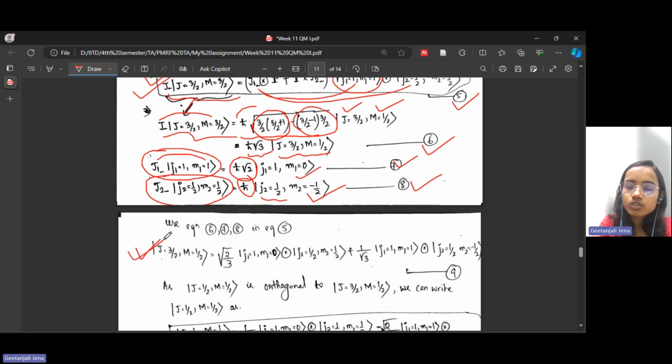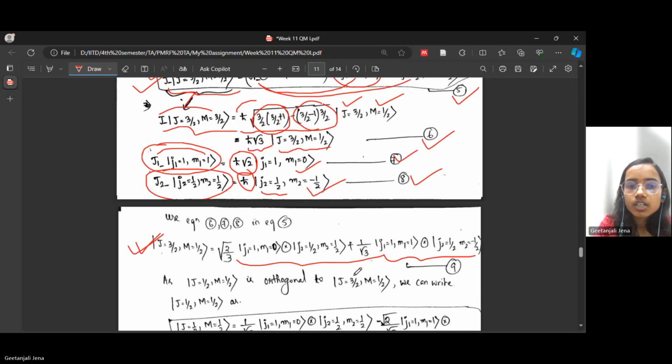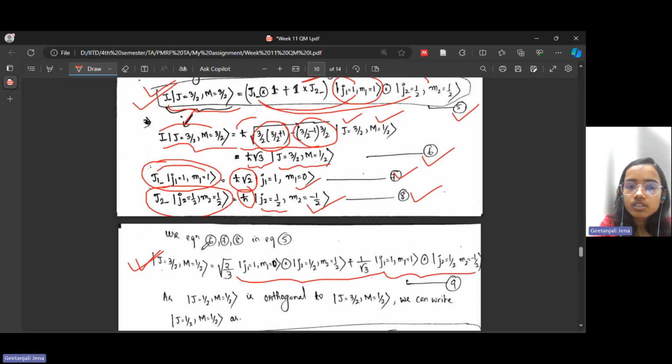Just put it and you can easily get this expression, which is root over of 2 by 3, J1 equal to 1, M1 equal to 0, tensor product J2 equal to half, M2 equal to half, plus 1 by root 3, J1 equal to 1, M1 equal to 1, tensor product J2 equal to half, M2 equal to minus half.